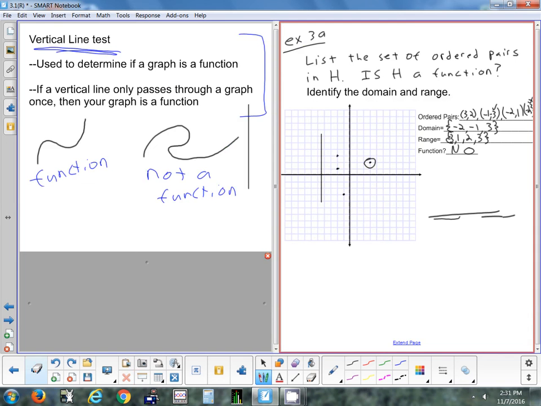And we also have three corresponding names for the second one: Y, output, and range. There's one more name we can give to the X and to the Y, and I'm going to show you what that last name is right now. Does everybody have the vertical line test?